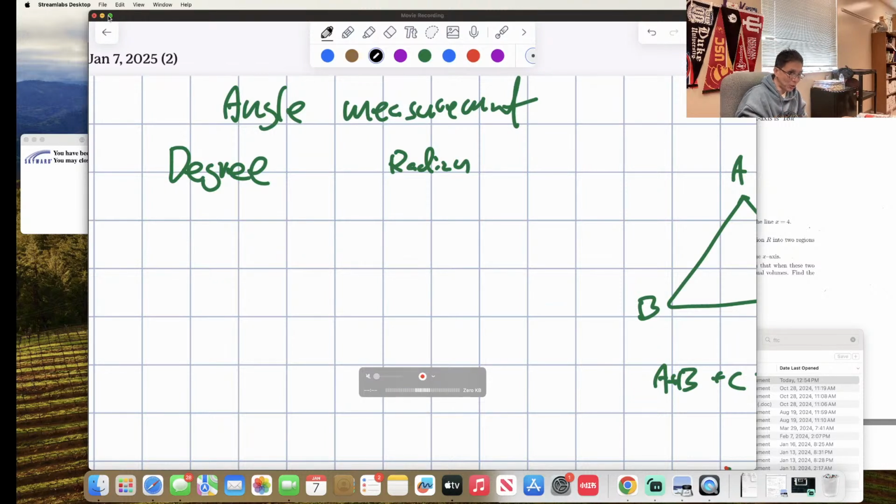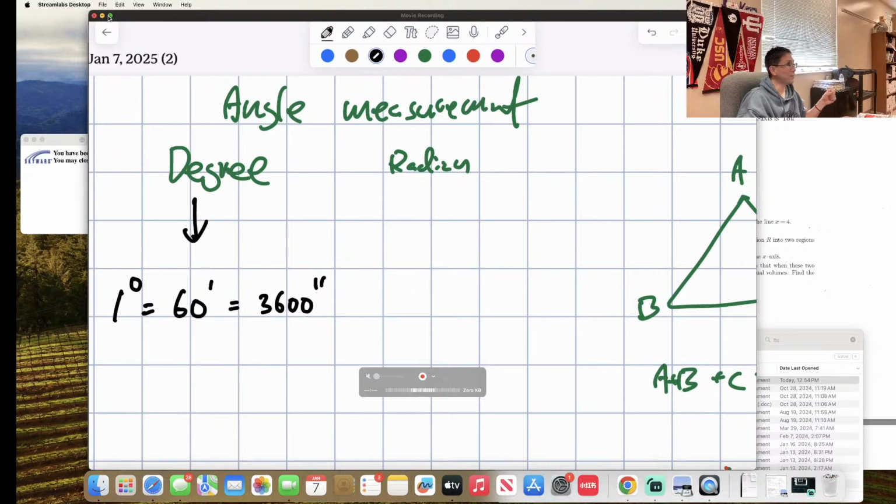So the notation is that 1 degree is equal to 60 minutes and is equal to 3,600 seconds. So in 1 degree, you can break up to 3,600 parts because 60 times 60 is 3,600.